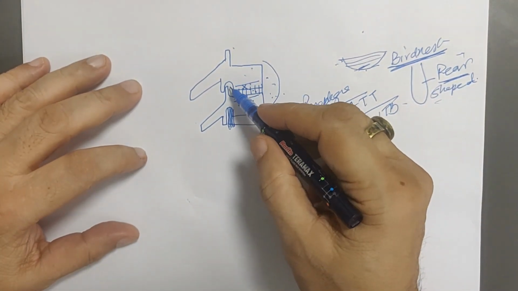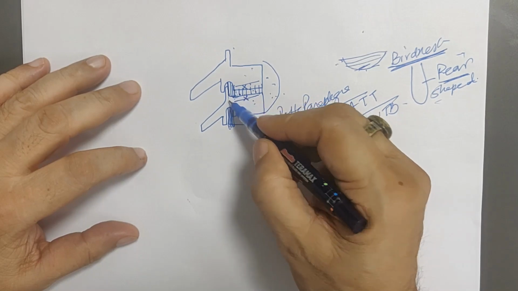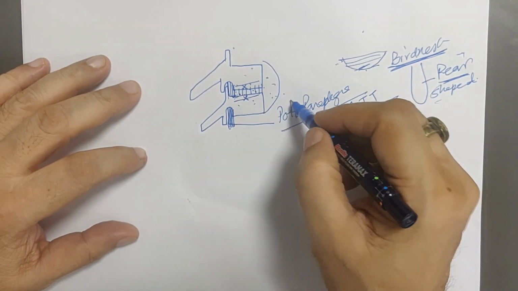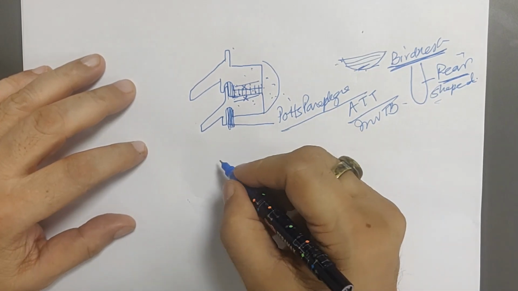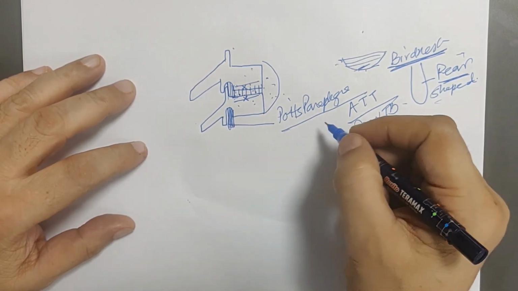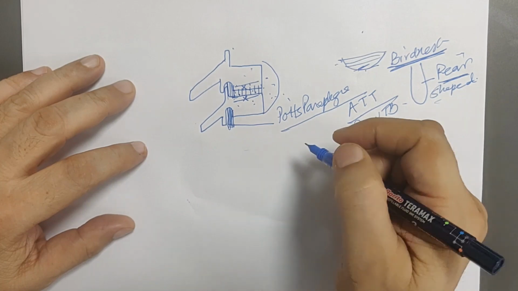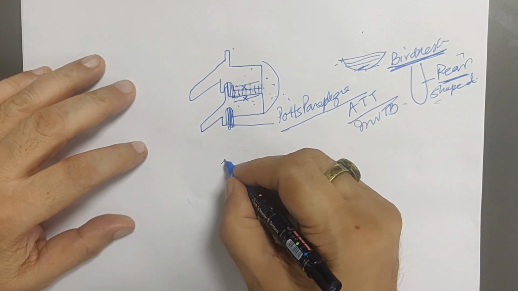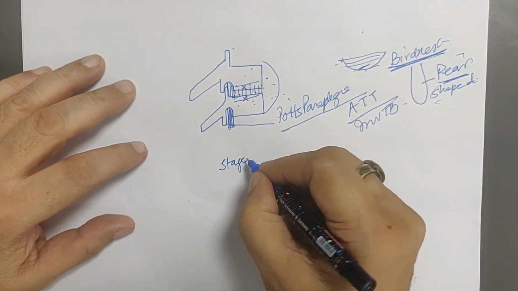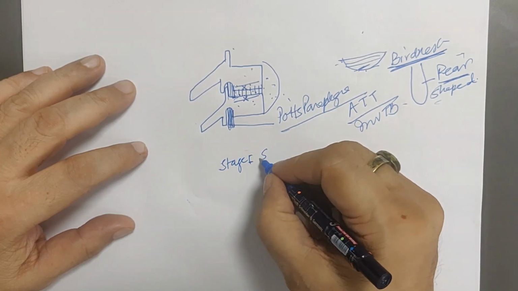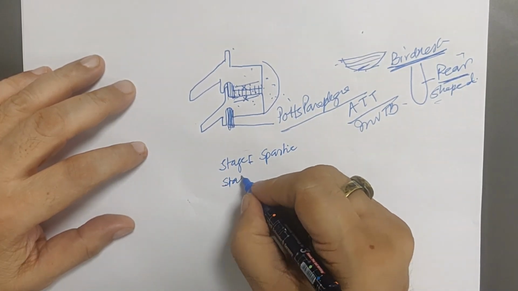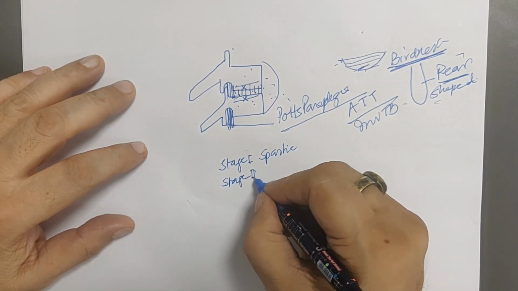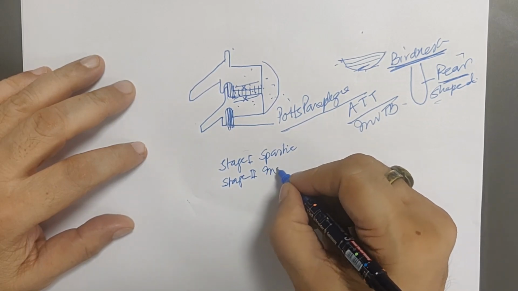So tuberculosis can thus cause Pott's paraplegia. There is insidious onset sensory motor paraplegia. Stage 1 is spastic gait. Stage 2, inability to walk.